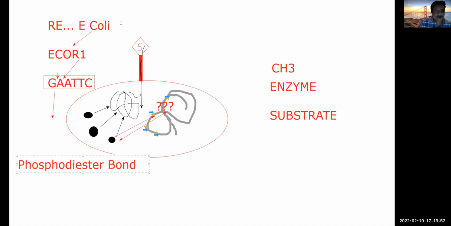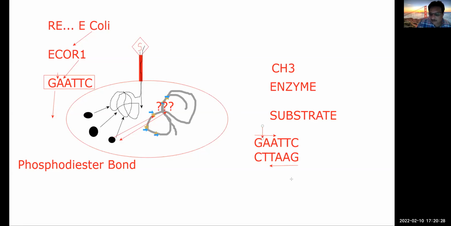Now, one more interesting thing. So let's say I just showed you that this is a single strand, right? But if you look at double stranded, DNA is double stranded, GATTC, or it will be CTTAAG, right? So when you read this sequence from this side, and then again read this sequence from this side, they read the same, right? And what are the sites the enzyme will act on?